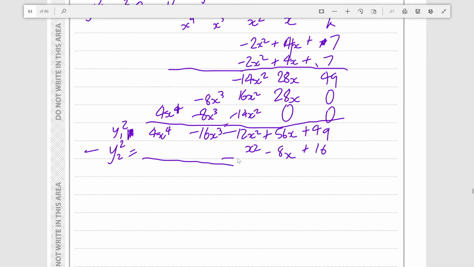And as we subtract this, we get 49 minus 16, 33. 56x minus 8x, so that's plus 8x, so 64x. Then minus 12x squared minus an additional x squared, so minus 13x squared.